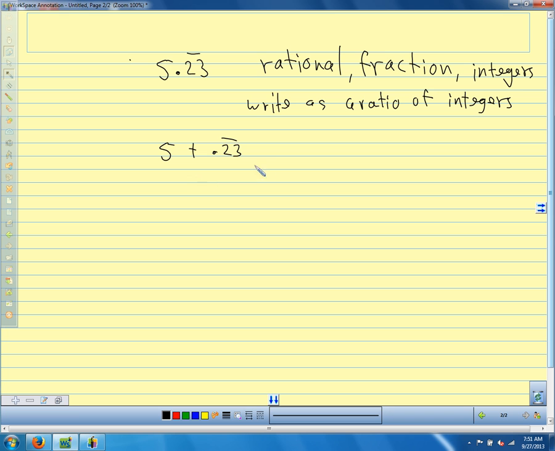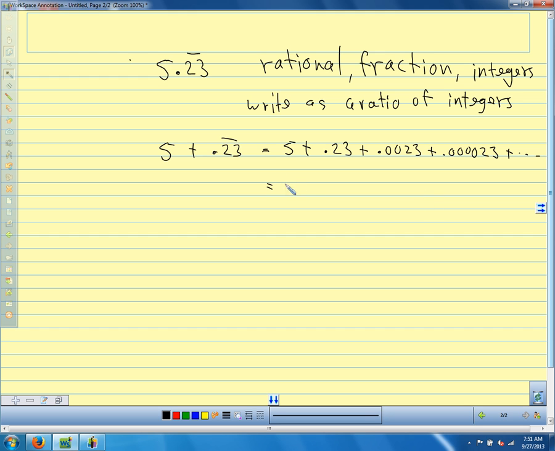So this equals 5 plus 0.23 plus 0.0023 plus 0.000023 plus dot dot dot. So that gets my repeating part.